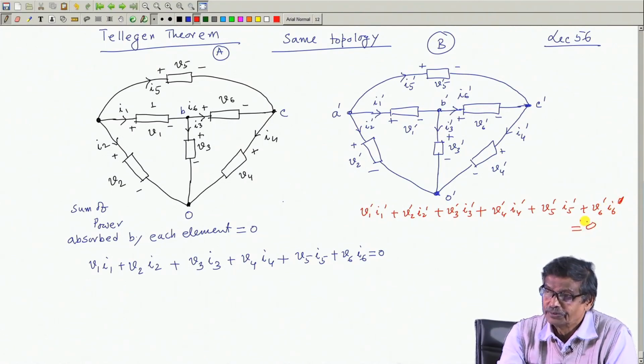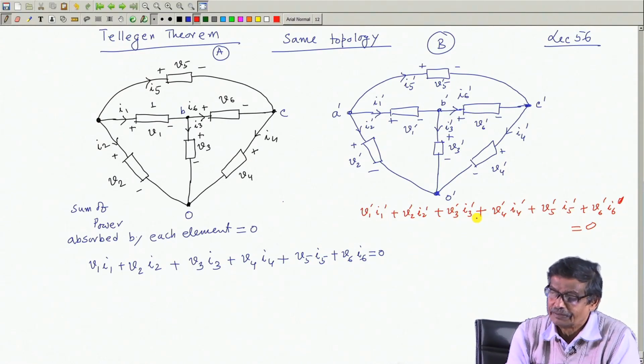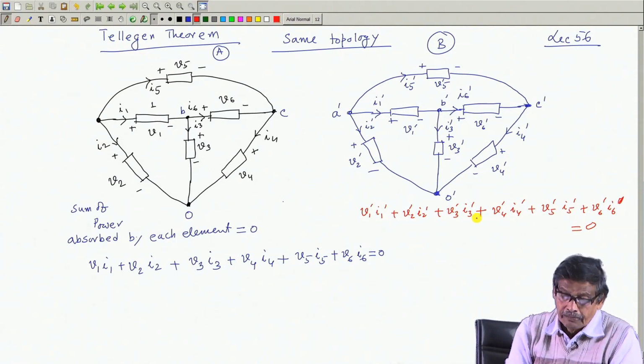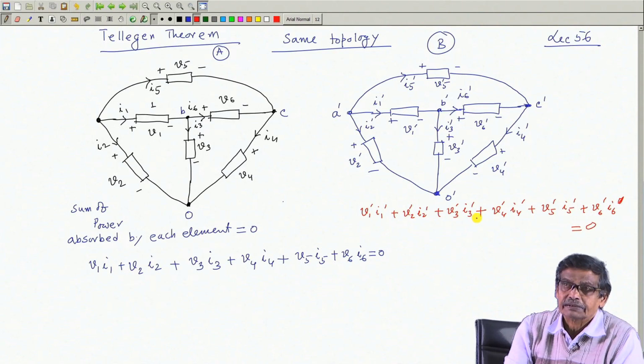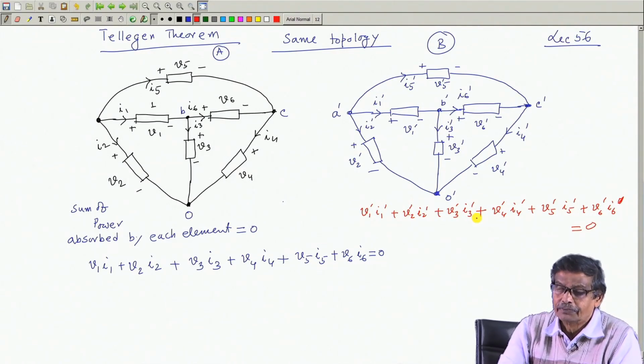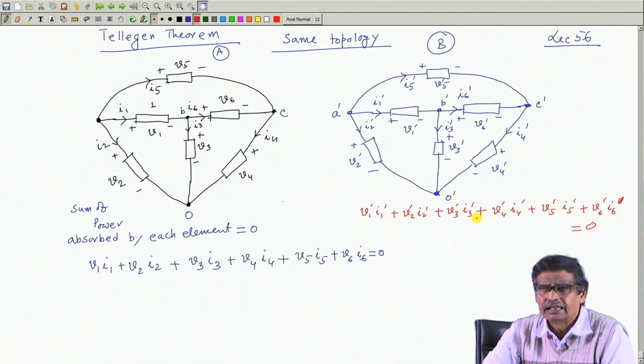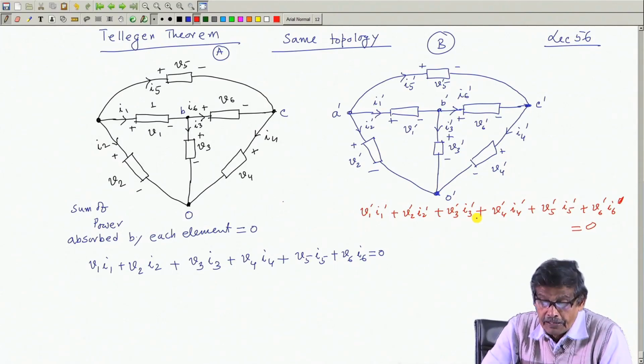That will be also 0, why not? Separate network. So, this is the power balance equation for each of the networks, and nothing surprising about this.